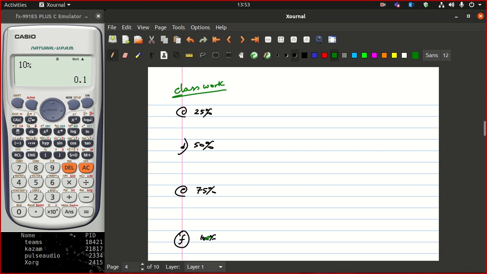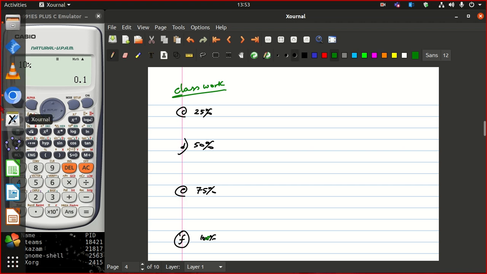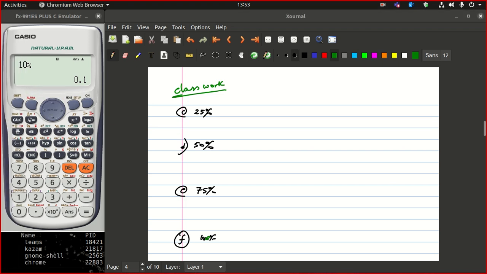These percentages play a very huge role, because if you don't understand these percentages, it's going to be hard for you to interpret discounts. It's going to be hard for you to interpret tax.